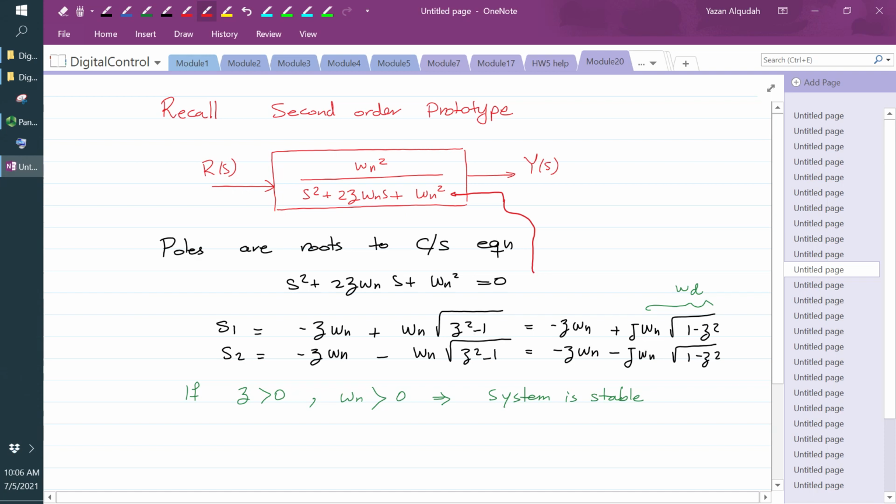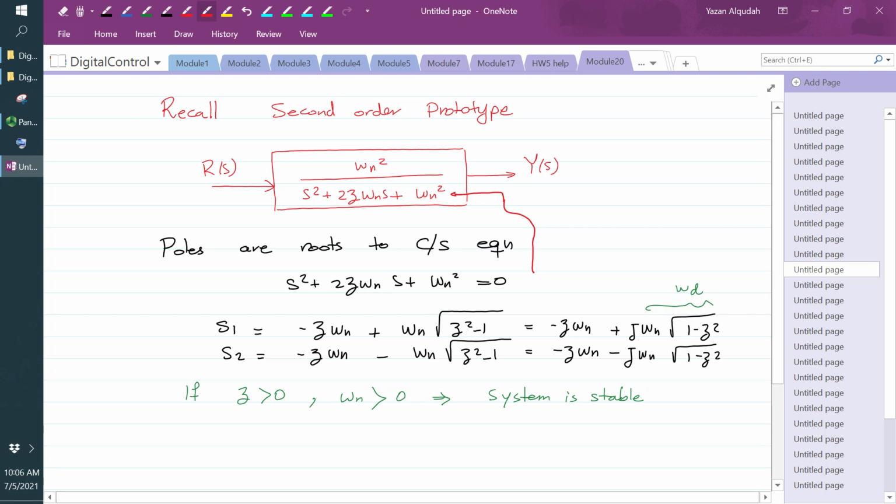And we can write this as negative zeta omega n plus or minus j omega n square root of 1 minus zeta squared. So I took a negative 1 here, and this becomes 1 minus zeta squared, and that will give me the j here. Now this we define as omega d.